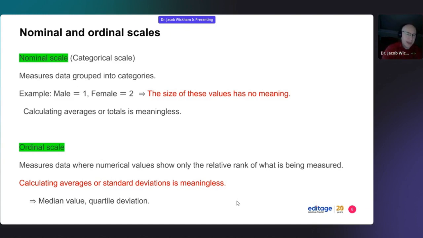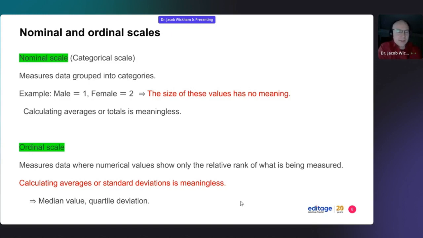But the categories are what's important, and there's different ways to compare the data from these two categories. But these dummy variables have no meaning. Another scale is the ordinal scale. These are data that show the relative rank of what is being measured. A great example of ordinal data are journal rankings.